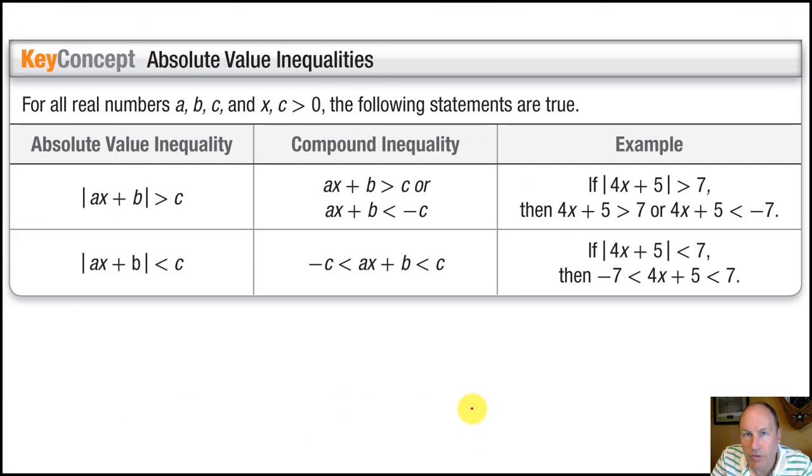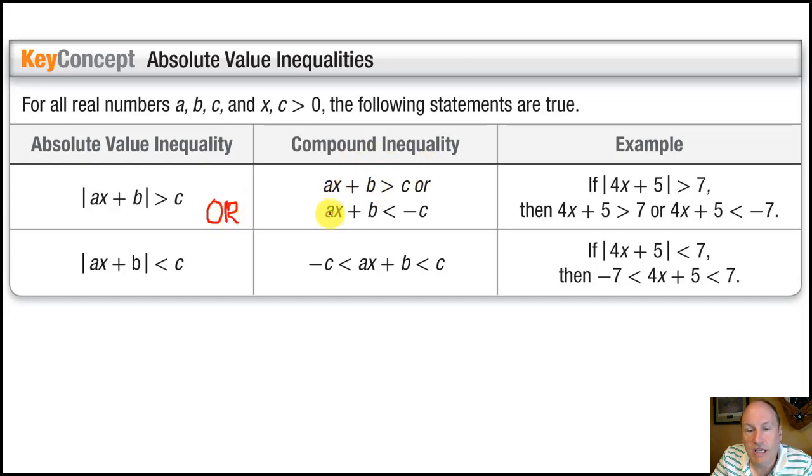So absolute value inequalities are cases of compound inequalities. If we have the absolute value of something being greater than a number, for example, the absolute value of 4x plus 5 being greater than 7, that's actually an OR compound inequality.